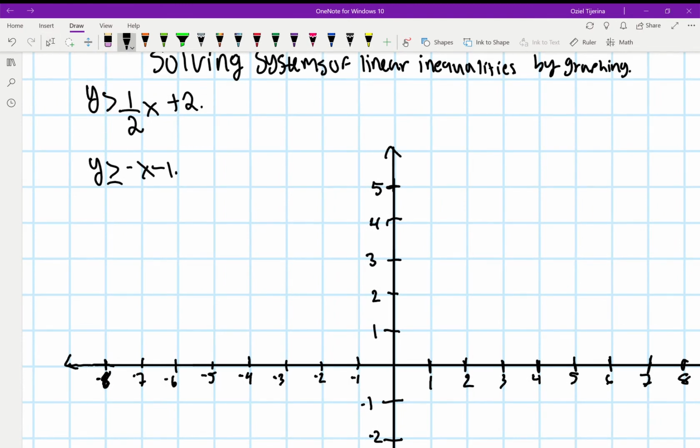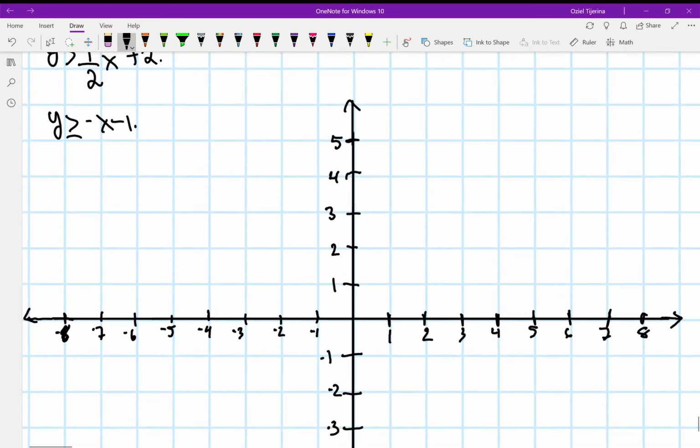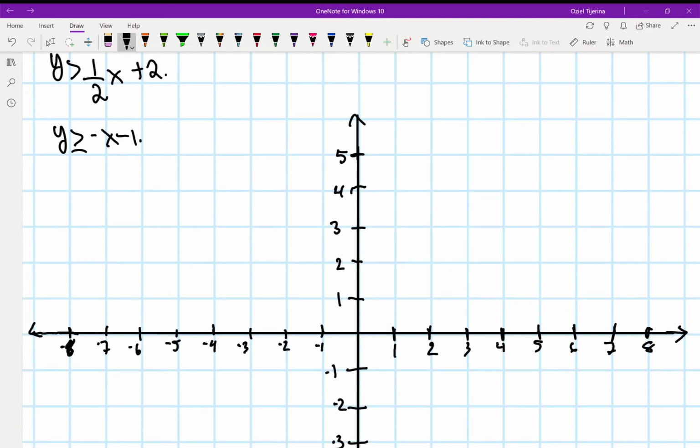Okay, we have y is greater than 1/2 x plus 2. So we're going to plot our y-intercept. Our y-intercept is (0, 2). And then we're going to go up 1 and to the right 2.